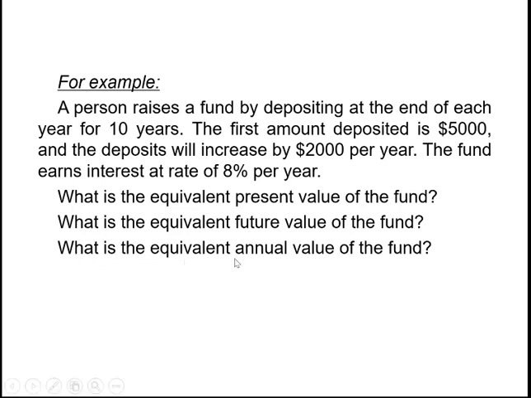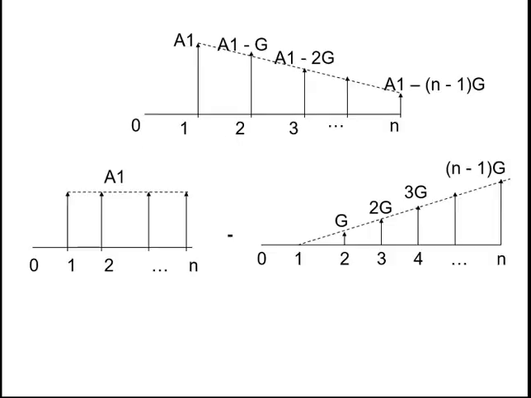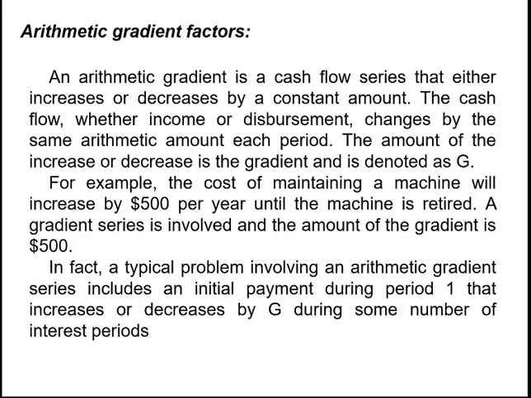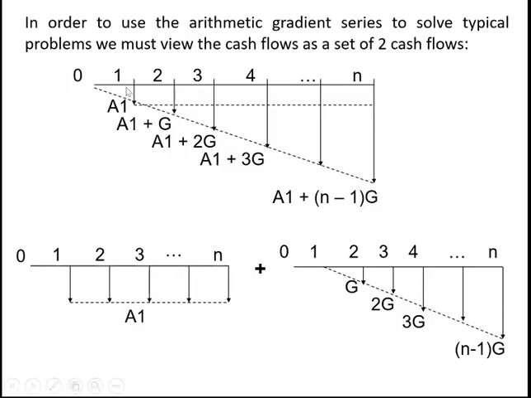Now, the third question: what is the equivalent annual value of the fund? The annual value of the fund includes the annual value of this part plus the annual value of this part. The annual value of this part is A1, that is 5,000.